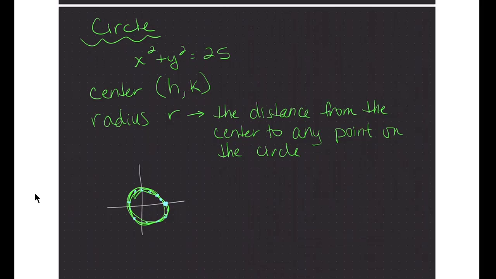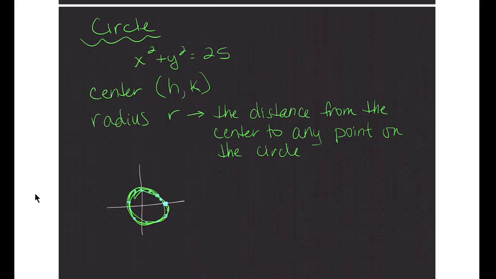So a circle is just a whole bunch of points, and those points are just really close together, and it makes it look like a circle, right? So by definition, if I go from the center of the circle to any point on the circle, it's going to have a distance of 5, right? No matter where I go.